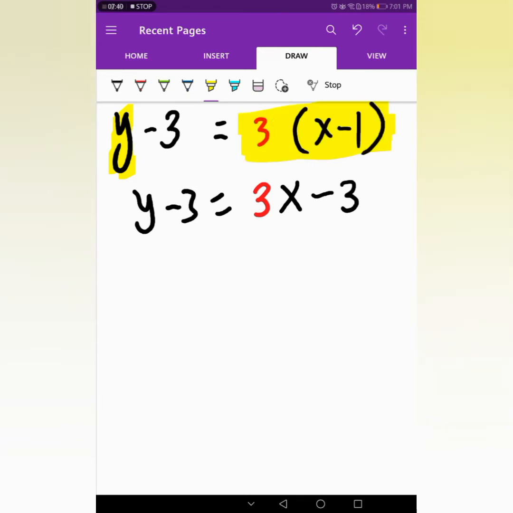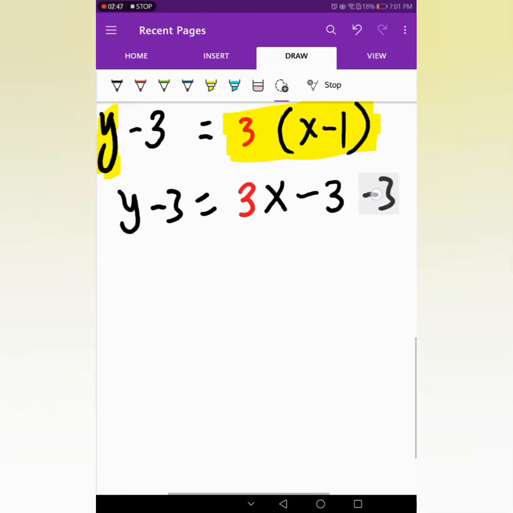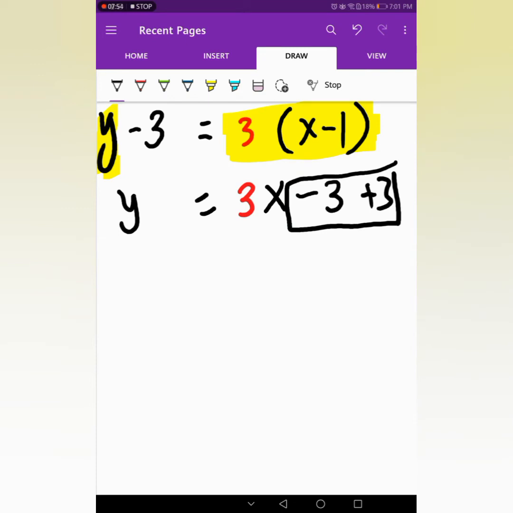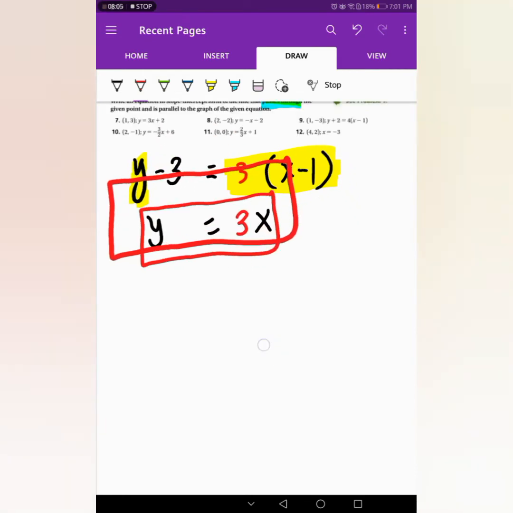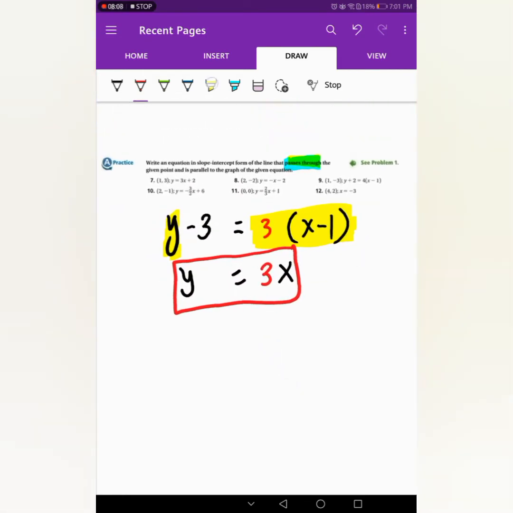Now I have to move this term from here to here with changing the sign, so y equals 3x. This is the equation that is parallel with the given equation, because they have the same slope.